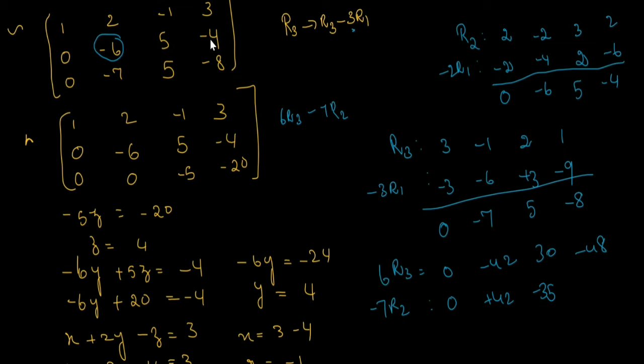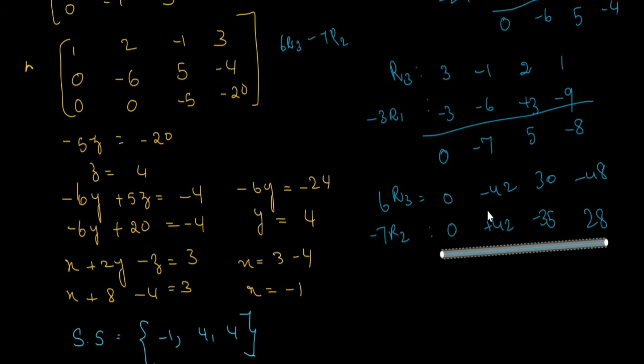Minus 7 into minus 4, plus 28. So when you add, you get 0 here, then 0 here, and minus 5 and minus 20. So the third row became 0, 0, minus 5, minus 20.